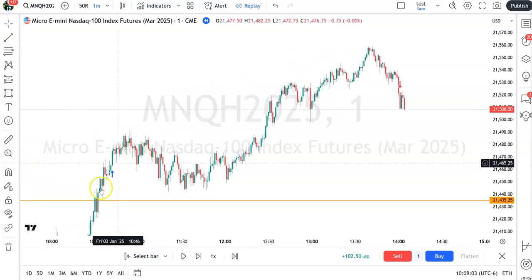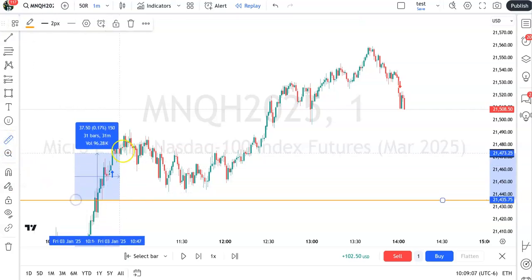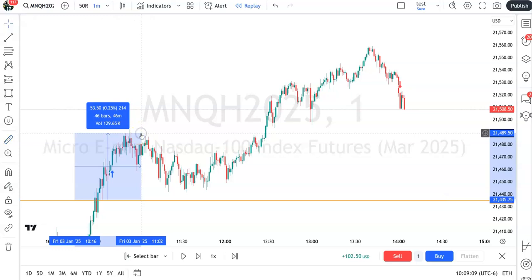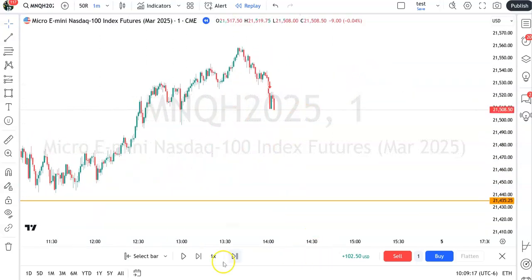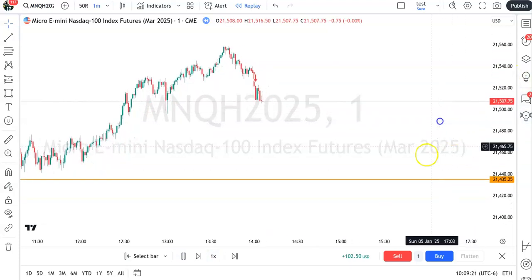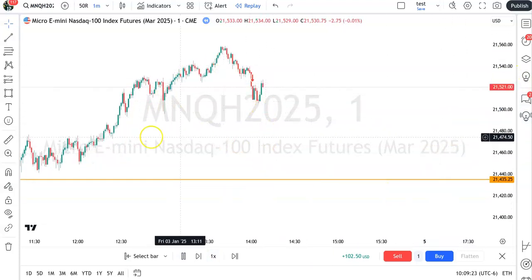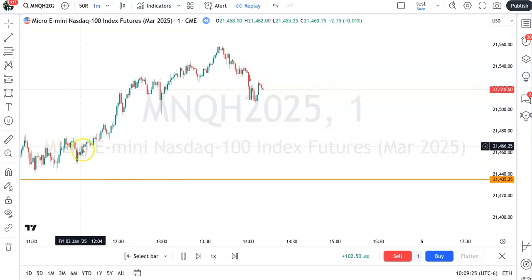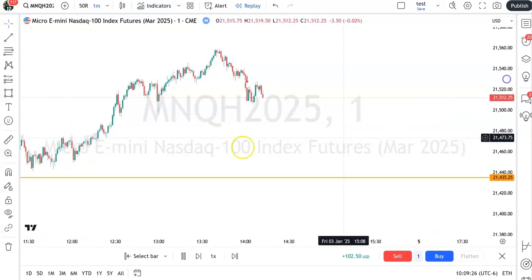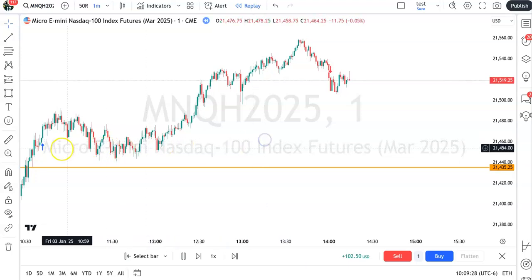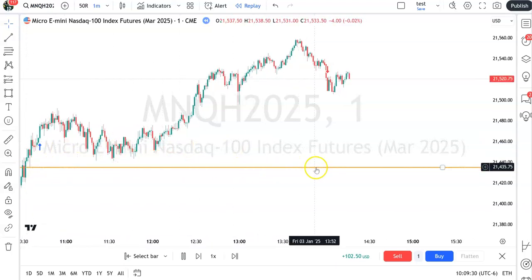We had this initial break above the orange line, which was 50 points, then oscillation, consolidation, then the breakout proper, and a little pullback. Let's see how far this goes, because if it pulls back into this range, I would be very interested in a long, since we now have this for support.